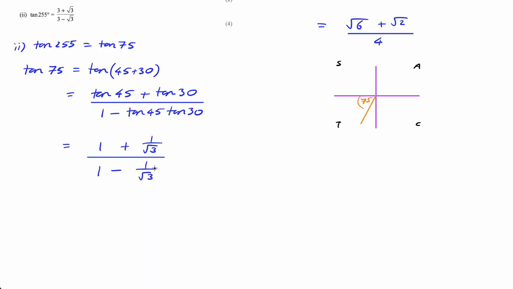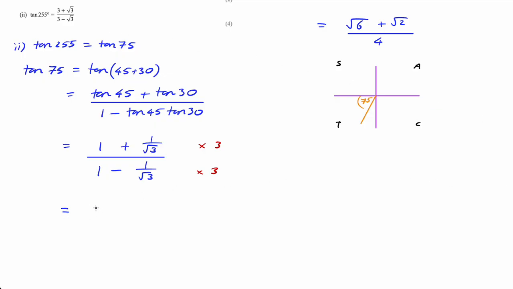Multiply everything by 3, because I'm trying to get rid of the root 3 in the denominators.